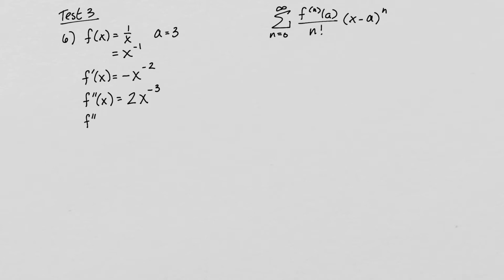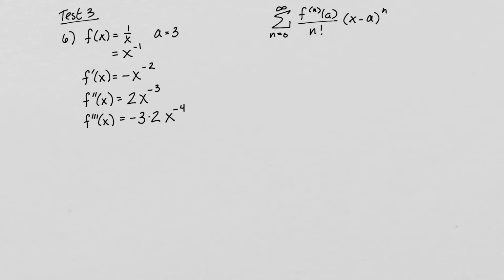What about the third derivative? Yeah. So the negative 3 is going to come down in front. Now, you could have just written it as negative 6, but it's harder to see the pattern if you multiply these things together. So I have negative 3 times 2, x to the negative 4.